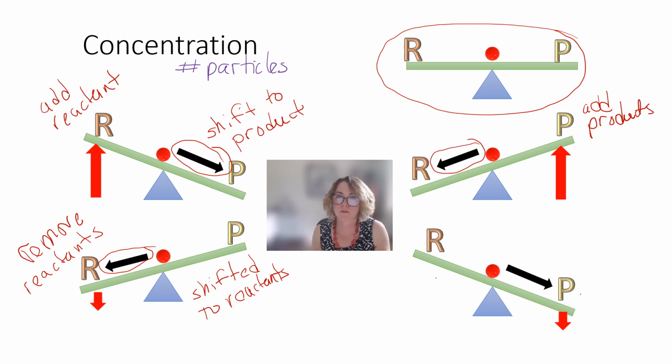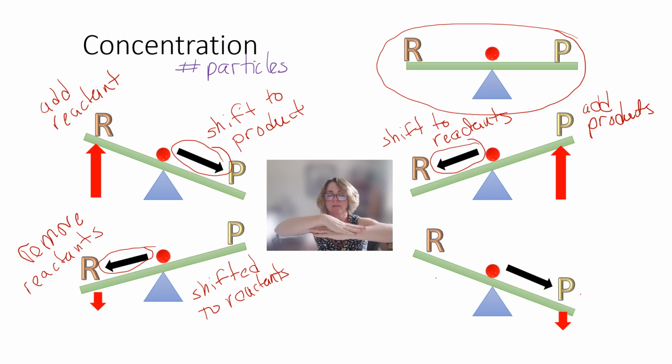That ball is going to roll to R, which means that my equilibrium is shifted to the reactants. Okay, so it's the same exact argument. More product is going to react to create more reactant. And again, until I lift up that reactant side so that I'm back to even. I'm back to a nice flat teeter-totter.